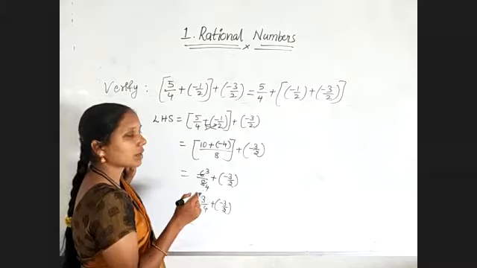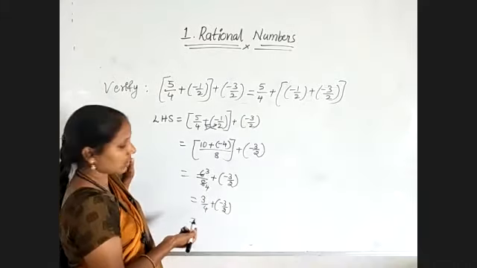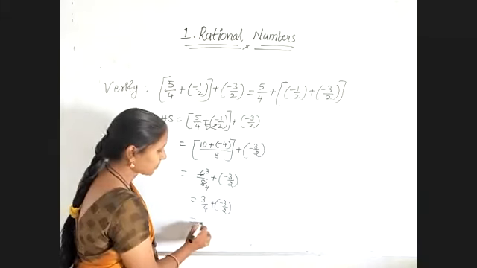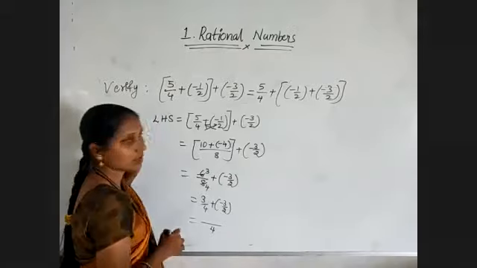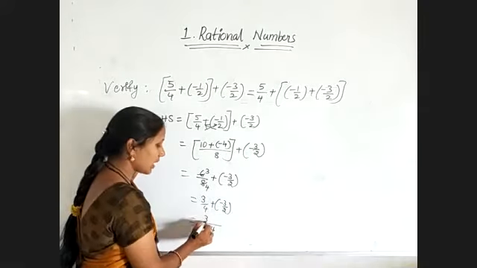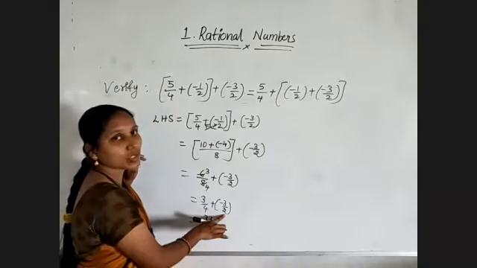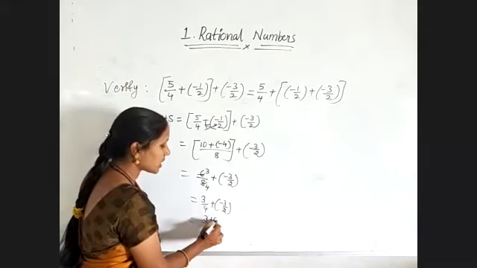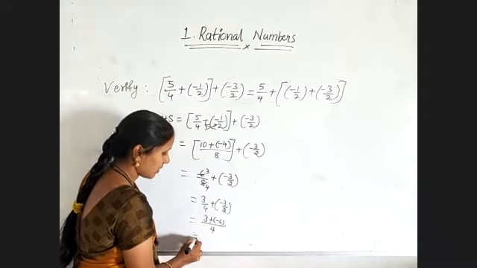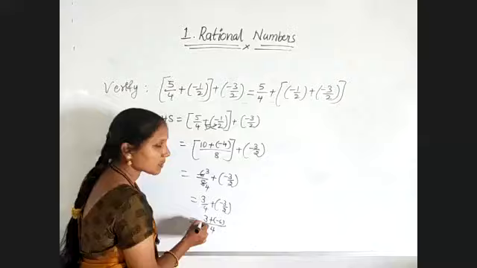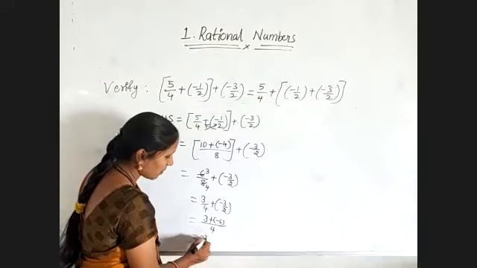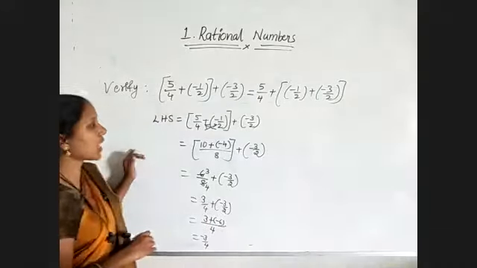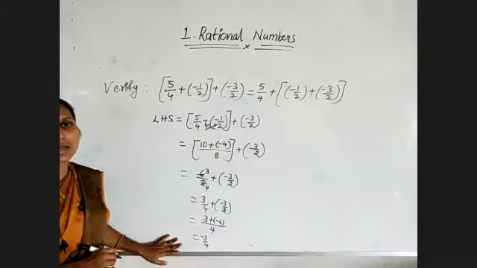Otherwise, if you want to apply LCM, you can. Now I am going to do the LCM. So 2 and 4, LCM was 4. Here 3 I will get. In the 2 table, 2 2s are 4. That means 2 will be multiplied with the numerator. That is 2 3s are 6, minus 6. Which is equal to minus 6 plus 3, minus 3 by 4. So I got LHS as minus 3 by 4.